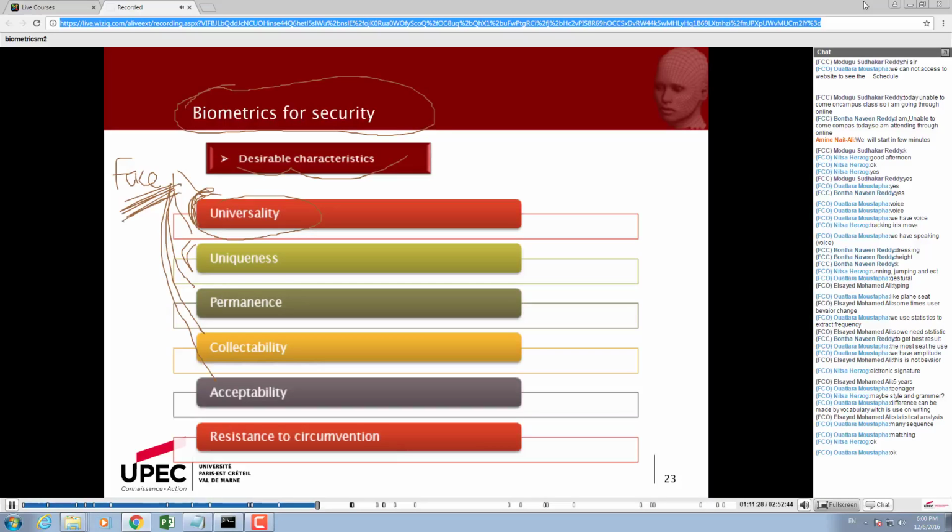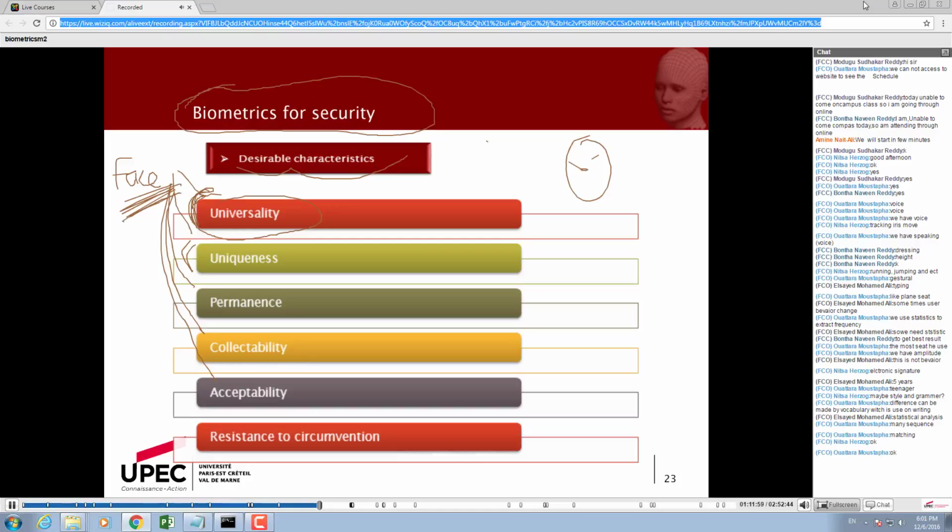What can you say about the universality of a biometric modality? Anyone has a face. Okay? So is face universal? We can say yes, because all people have faces, right?